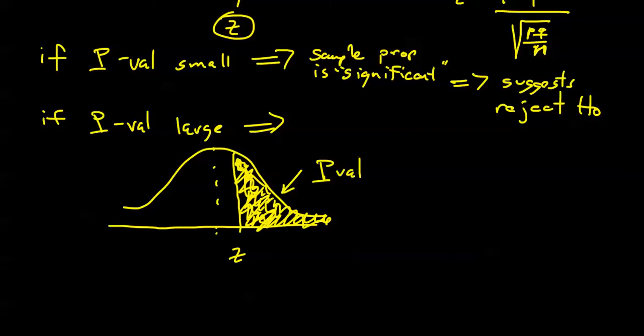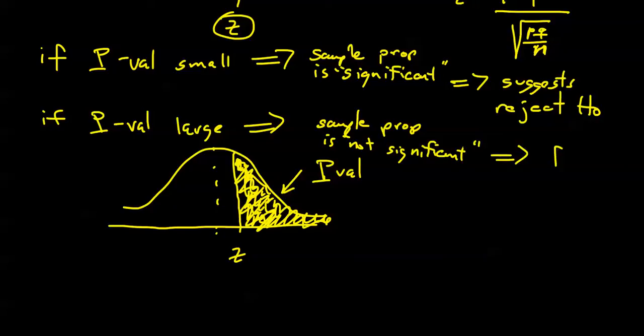If your p-value is large, that tends to say that your sample data is not extreme, or your sample proportion is not significant. In that case, our data is weak, and we suggest that we fail to reject H0.